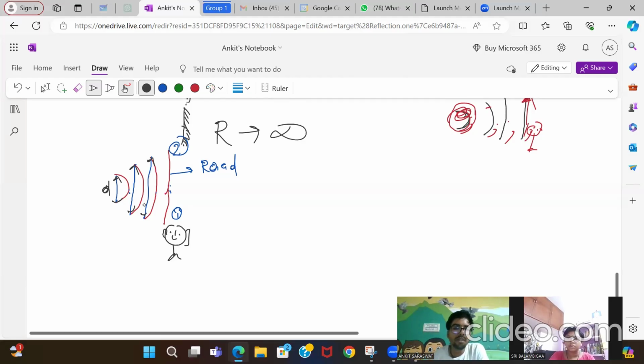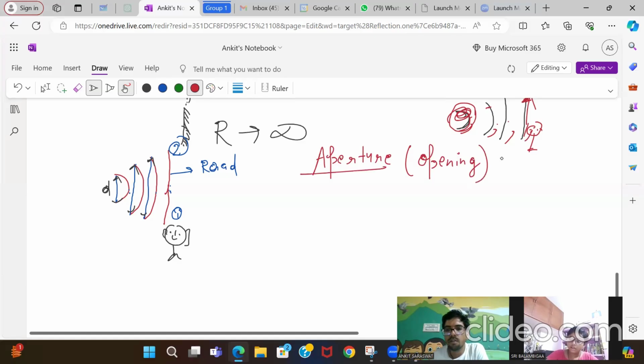Simply, aperture means what? Aperture means opening. Clear? Yes, sir. Is it clear? Yes, sir, it's clear, sir. Okay. Any doubt?